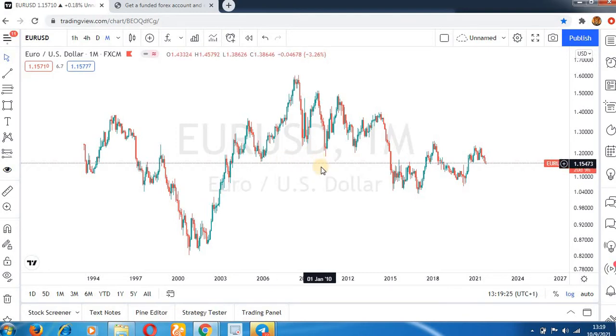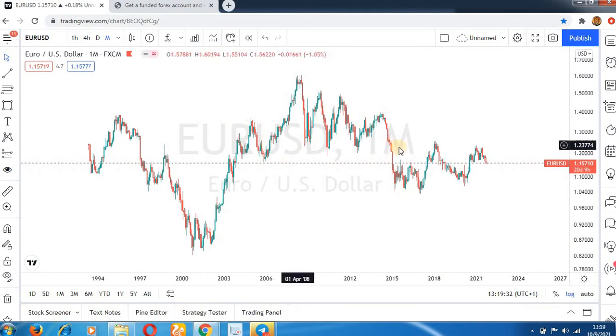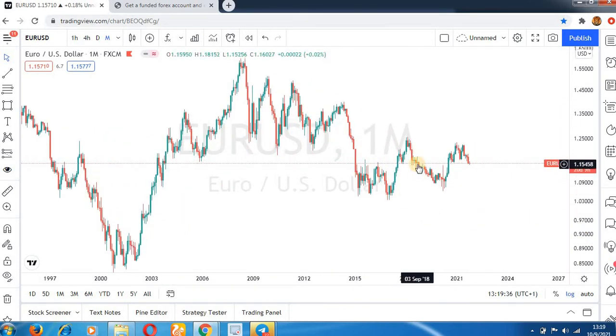Okay, so let's look at EUR/USD. Coming to the monthly time frame, what I look out for first is where price is coming from and where price is going to. In my own opinion, price comes from an area.